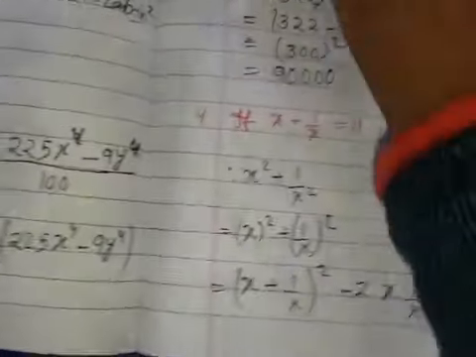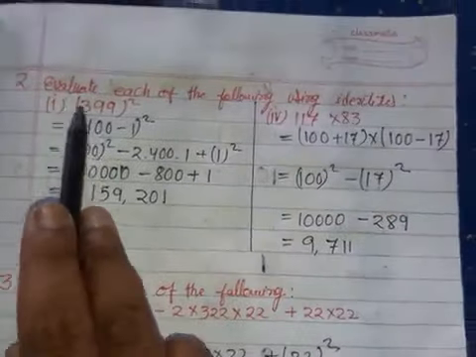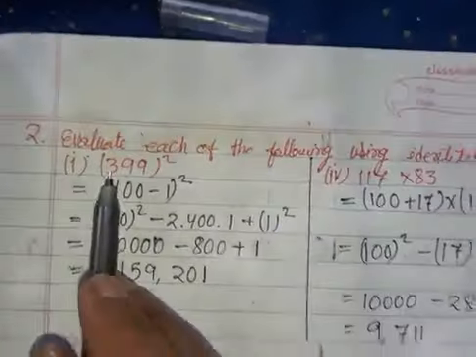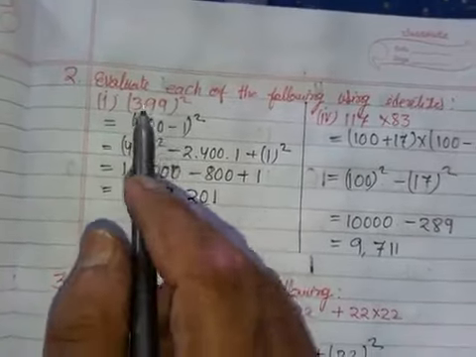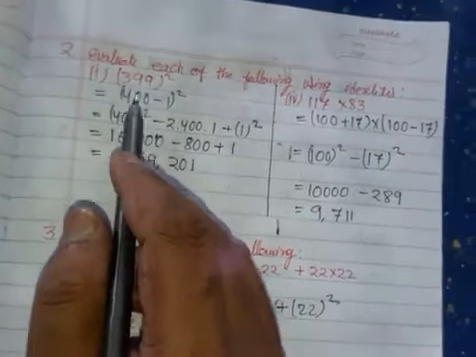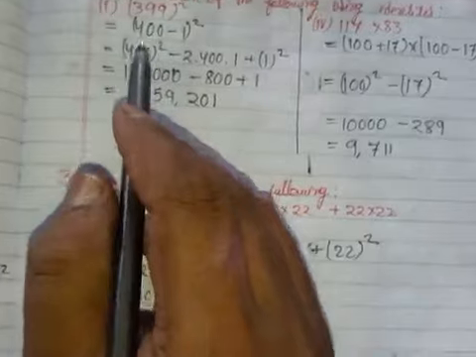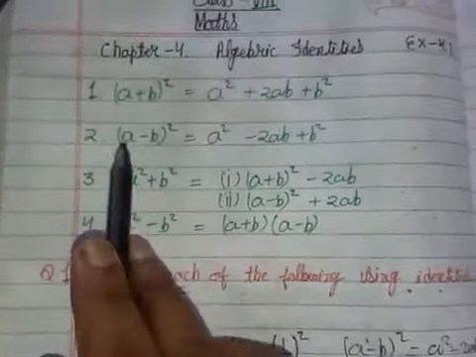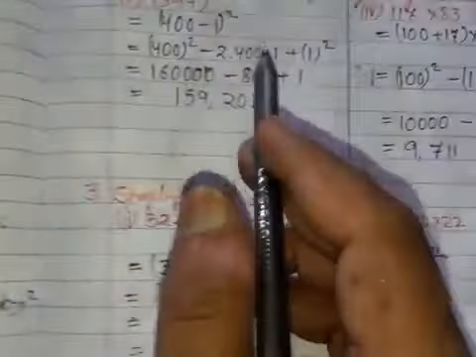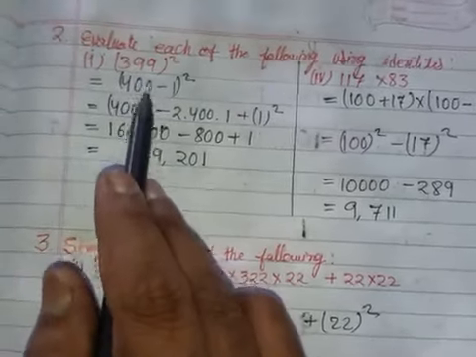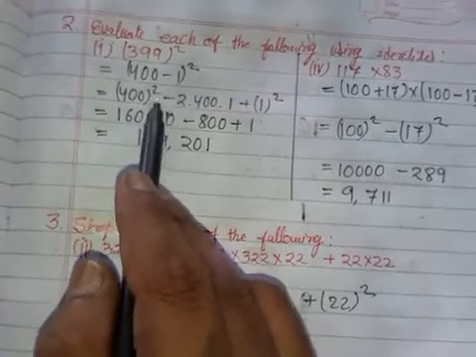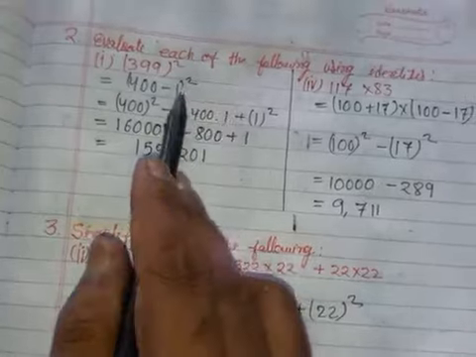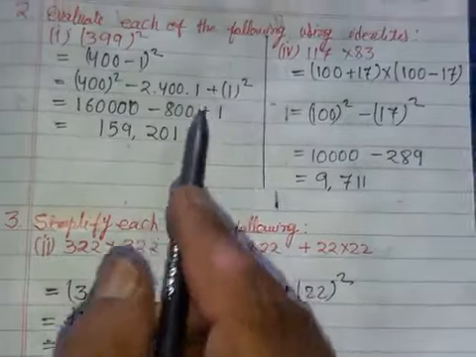Now this is question number 2. Evaluate each of the following using identities. Here 399², so we can use 400 − 1 in the place of 399, so it is (a − b)². So we write 400 in the place of a: a² − 2ab + b², with b meaning 1.